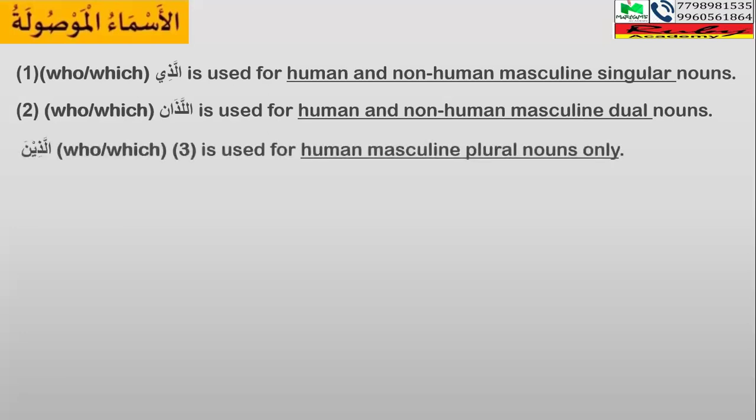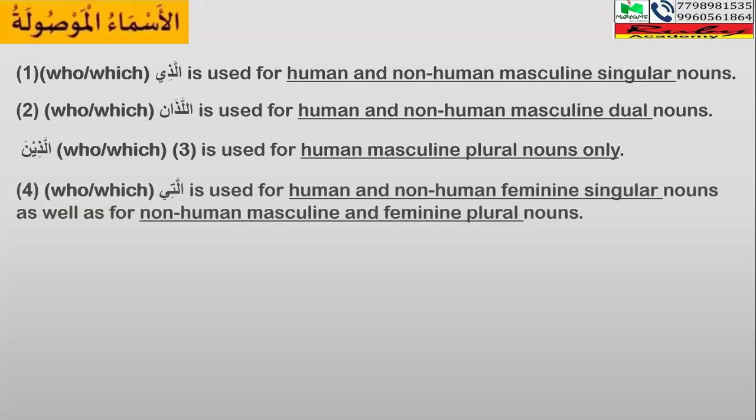Then allazina is used for human masculine plurals only. We cannot use it for non-human plurals. Allazina is used only for human masculine plurals.